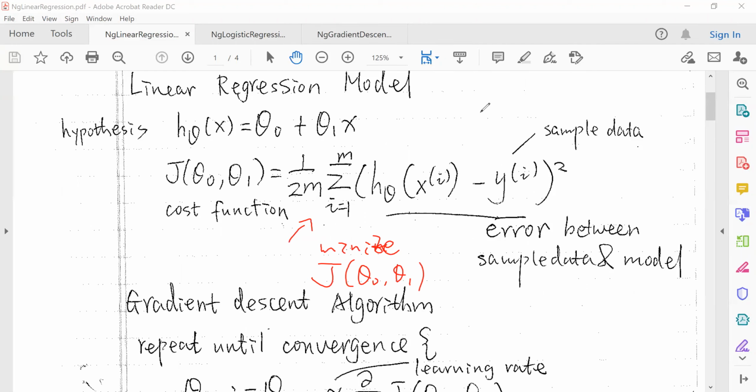Here it is regarding the parameters, the weights. Minimizing the cost function means you minimize error. And like I previously explained also.